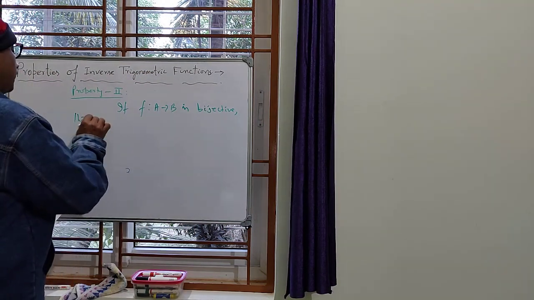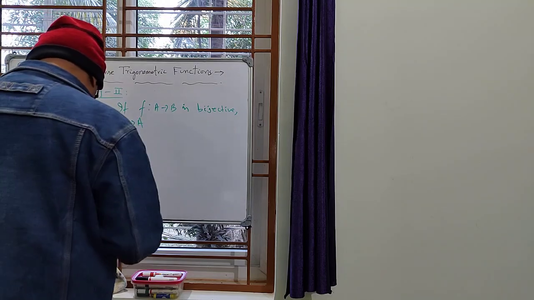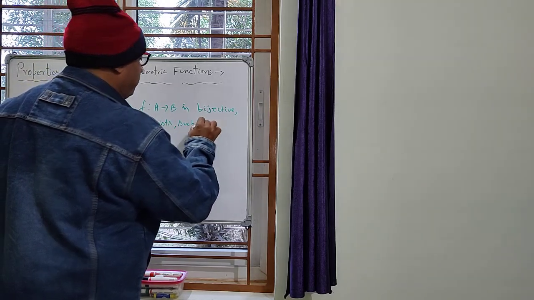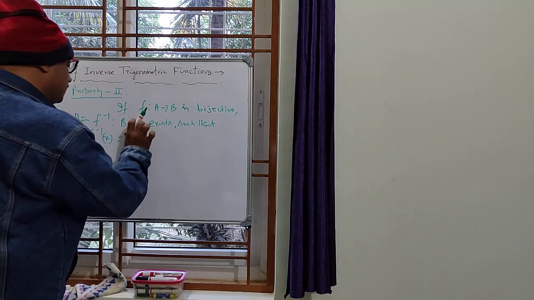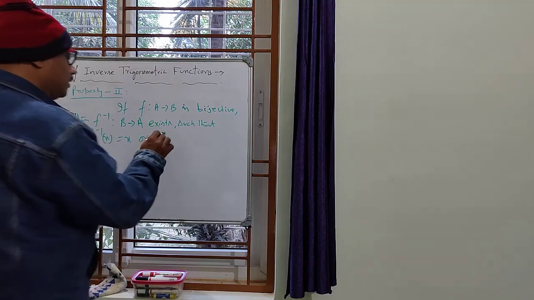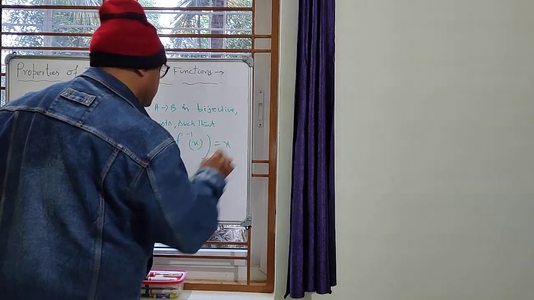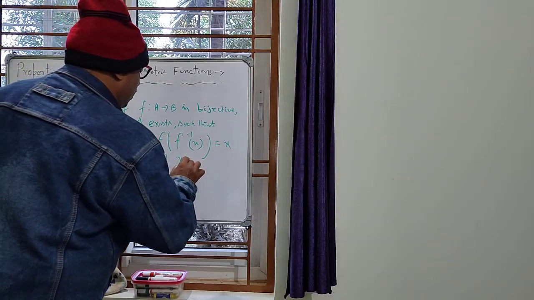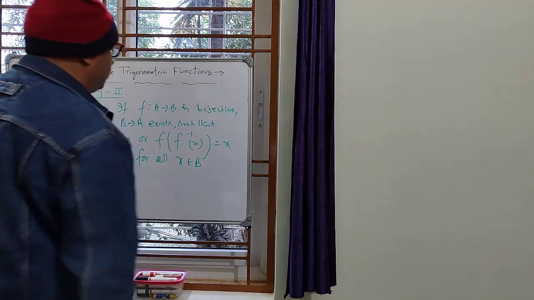Then f inverse, a mapping from B to A, exists such that f of f inverse x equals x for all x belongs to B. Here B is the domain of f inverse x.